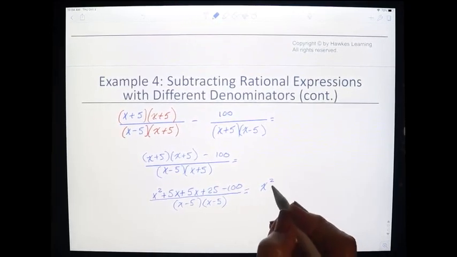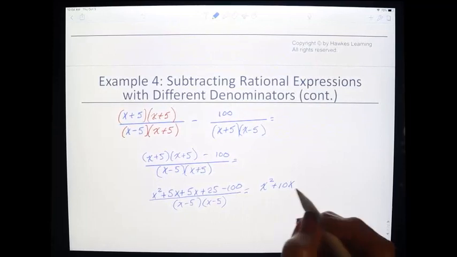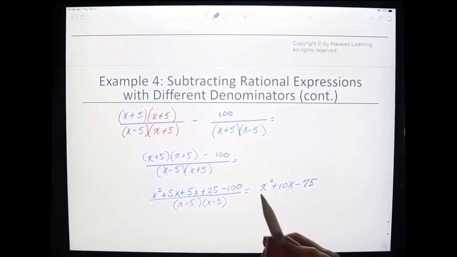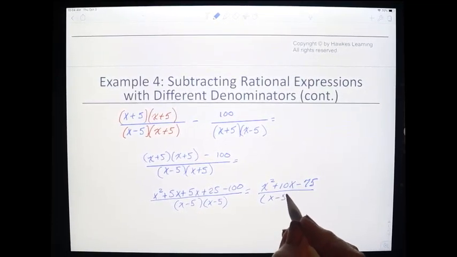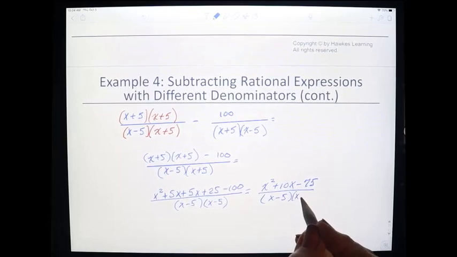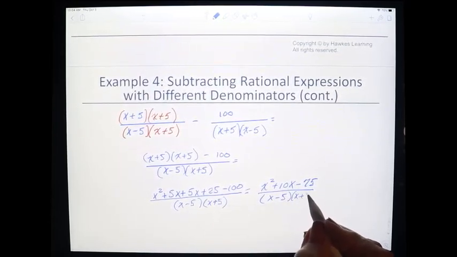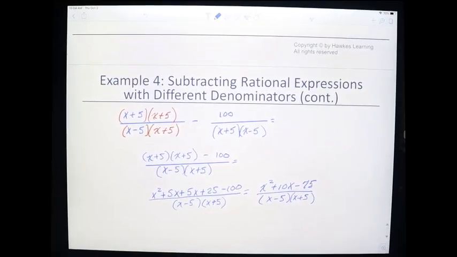Here's a plus 10x. And then here's a 25 and a minus 100 or negative 100. So I'm finished with the actual subtracting here. I see I made a sign error right there when I was coughing. So you're done with the actual subtracting when you get there.